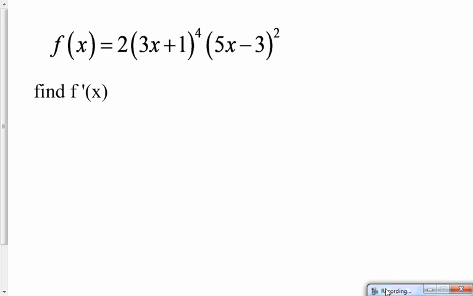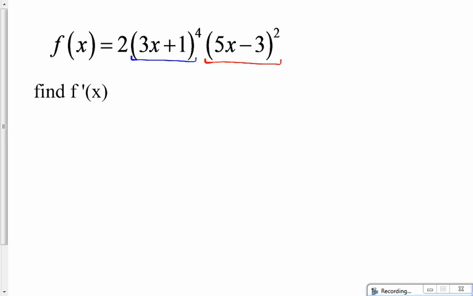We have a function that is a product of two functions, and our job is to find the derivative of the product. But things to notice: it's not a typical product rule because the derivatives are funky. Each of those portions of the product are going to involve chain rule. So for simplicity, I might separate off these two parts of the product, the 3x plus 1 to the fourth and the 5x minus 3 squared.